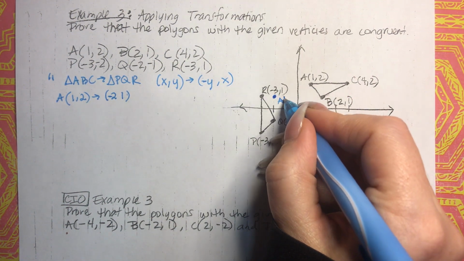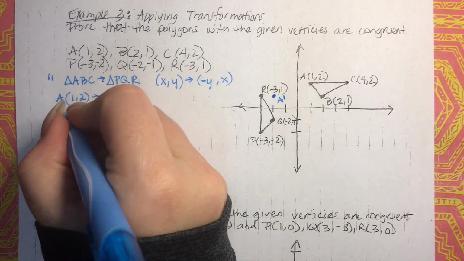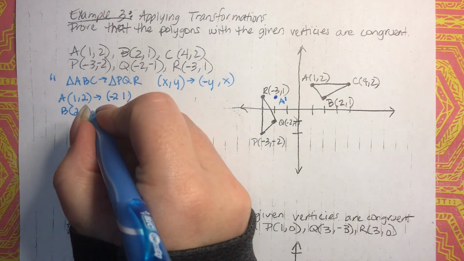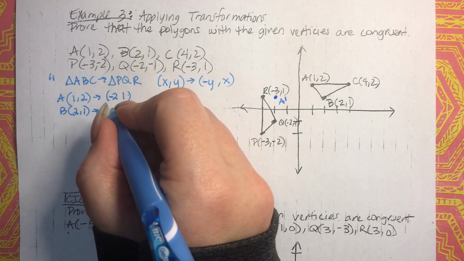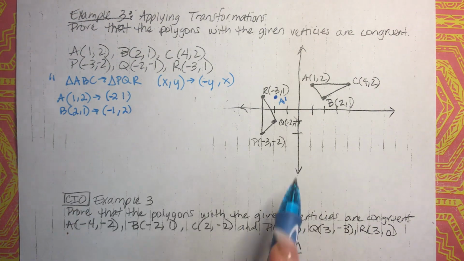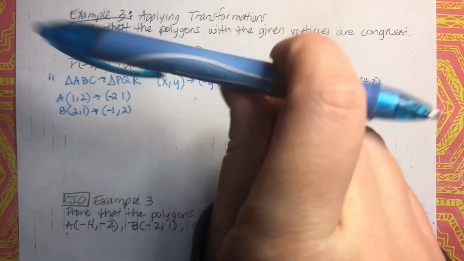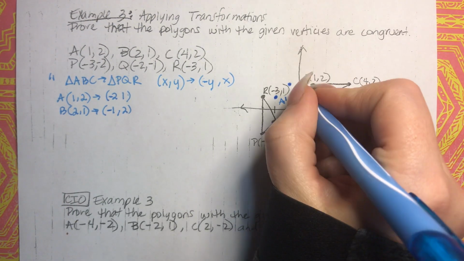This would be A prime. Okay, let's do the same thing for B. B is at 2, 1. And then a counterclockwise rotation, we would switch the spots, and then that y becomes negative. So B ends up being negative 1, up 2, 1, 2 here. So this is B prime.